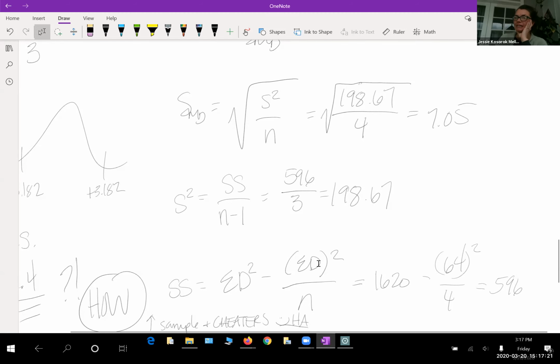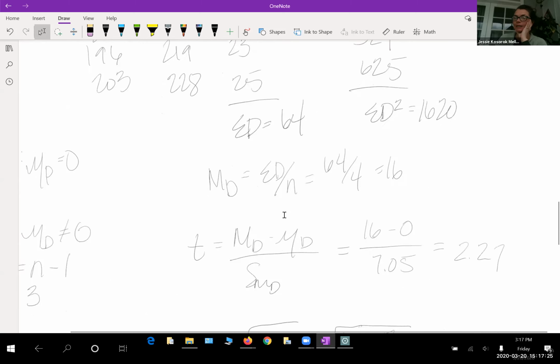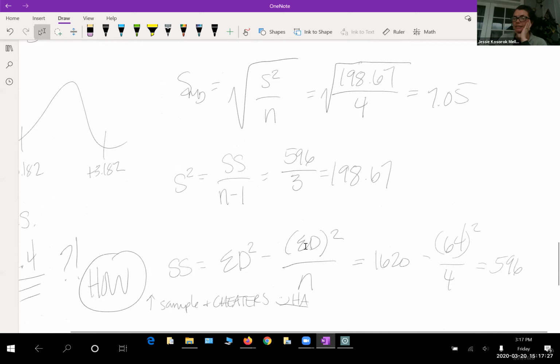So summing d is 64. So in this space, you get 64 squared. Well, now I don't have parentheses. So no parentheses is exponents. So I need to square each d and then sum them because addition comes after exponents in PEMDAS, your order of operations.